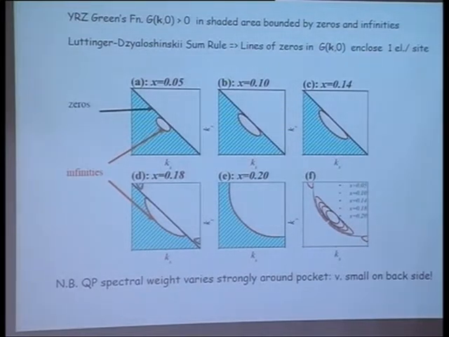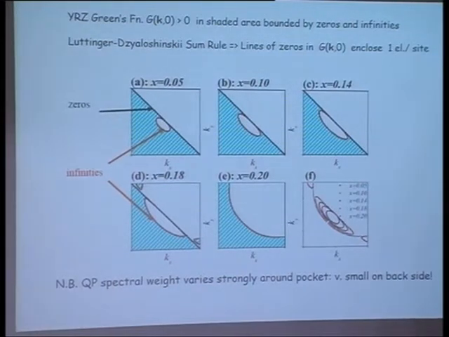Now, an interesting feature of this is that the quasi-particle's spectral weight varies very strongly around this pocket and is concentrated essentially on this front edge here, which of course makes it look like the photoemission, which looked like arcs.